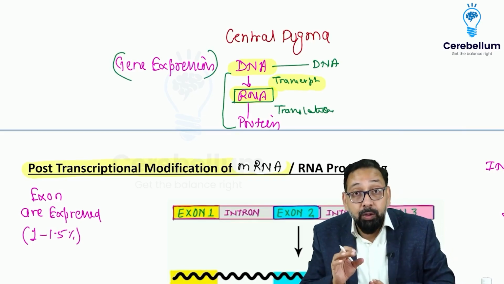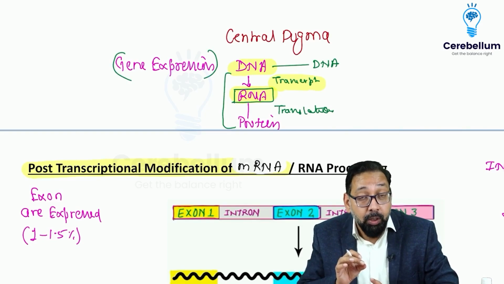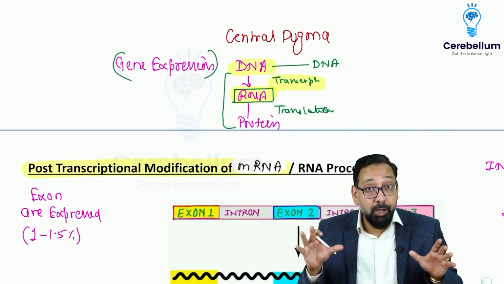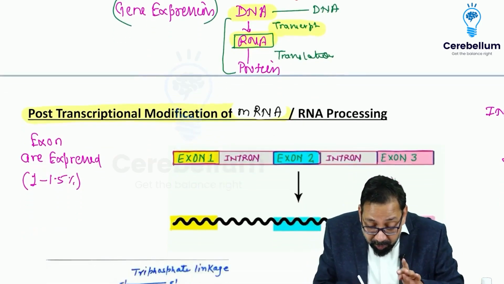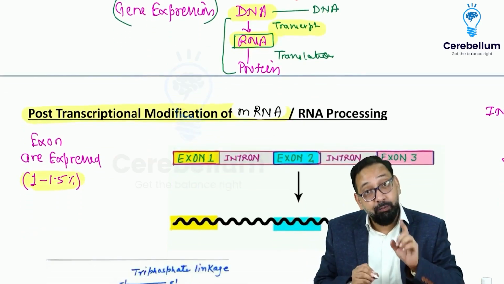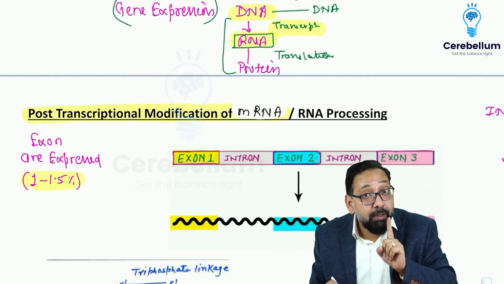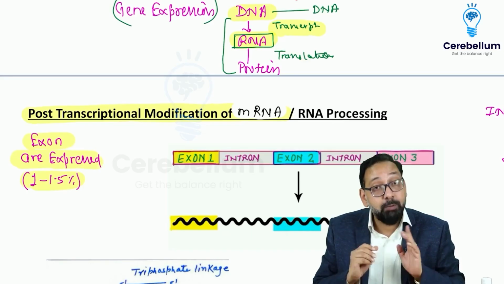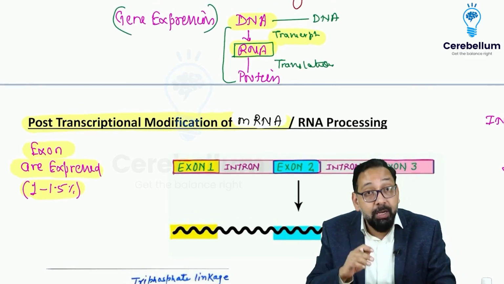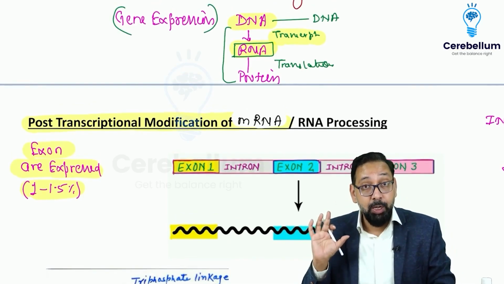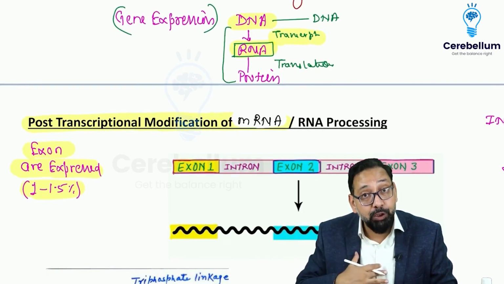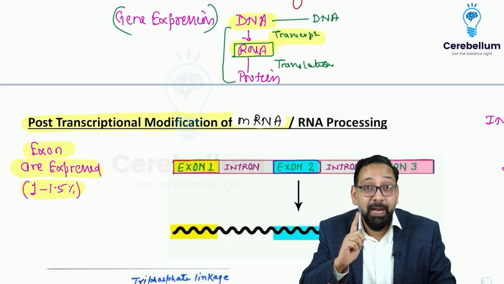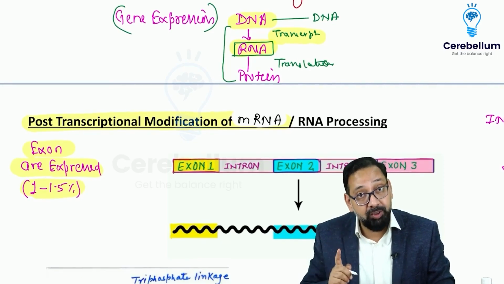In our human genome, which is very, very large, only 1 to 1.5% is exon. If asked how much percent, 1% is the best answer. Exons are expressed, meaning exons take part in protein synthesis.